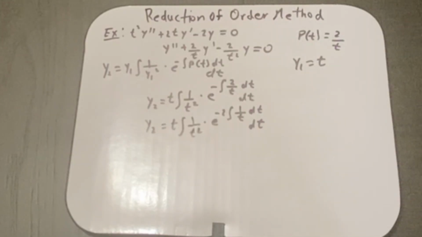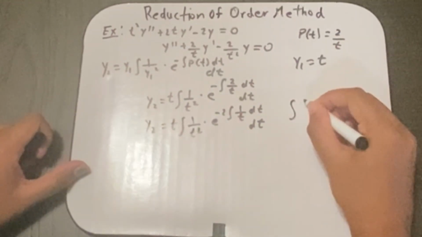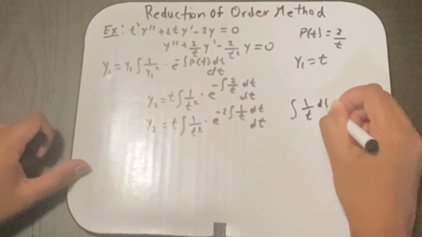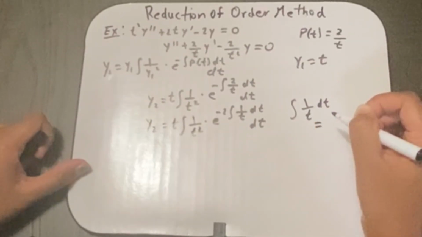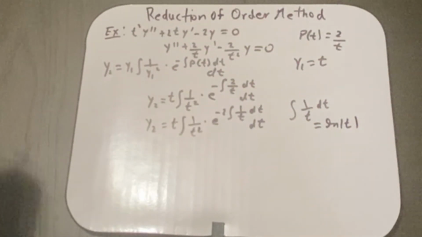Do we know what that integral is equal to? As a matter of fact, we do. The integral of 1 over t dt is equal to ln absolute value t. Knowing that, we can substitute ln absolute value of t in place of the integral.